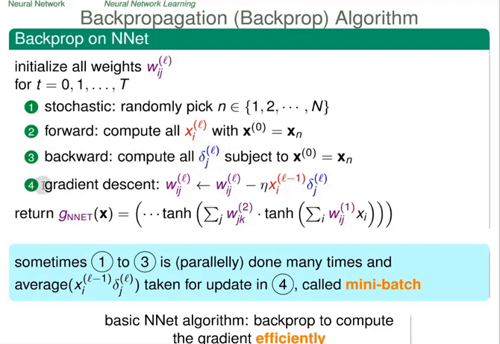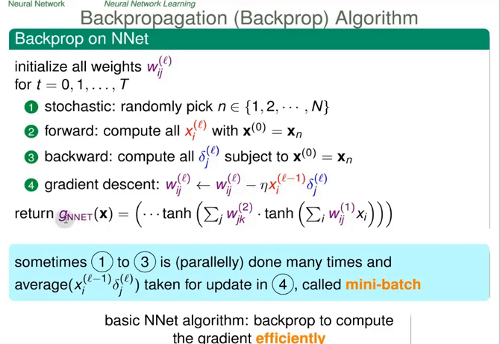In step 4, we describe the weight update rule that applies on all layers. The weight update at layer L depends on the weight of that layer minus the learning rate times the input to that layer, L minus 1, and the delta of that specific layer.